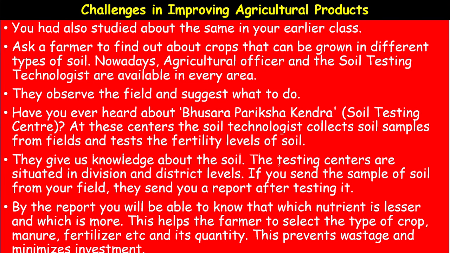So, by the report you will be able to know which nutrient is lesser and which is more. This helps the farmer to select the type of crop, type of manure, types of fertilizer, etc. And its quantity, how much quantity of the fertilizer to be supplied. So, this will prevent the wastage and minimize the investment.